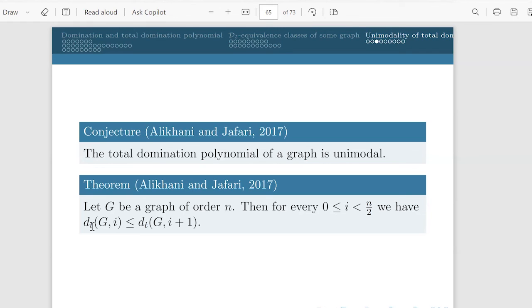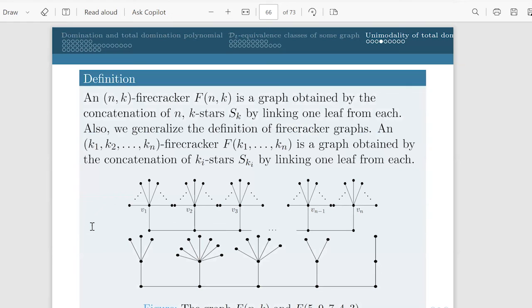Actually, in 2017 or before, we couldn't find anything about it. And we have a specific graph here called the firecracker.